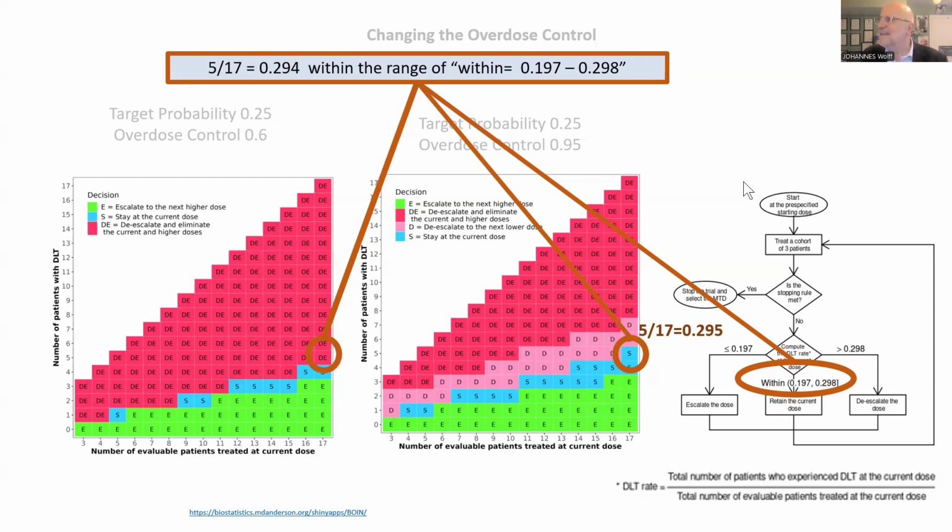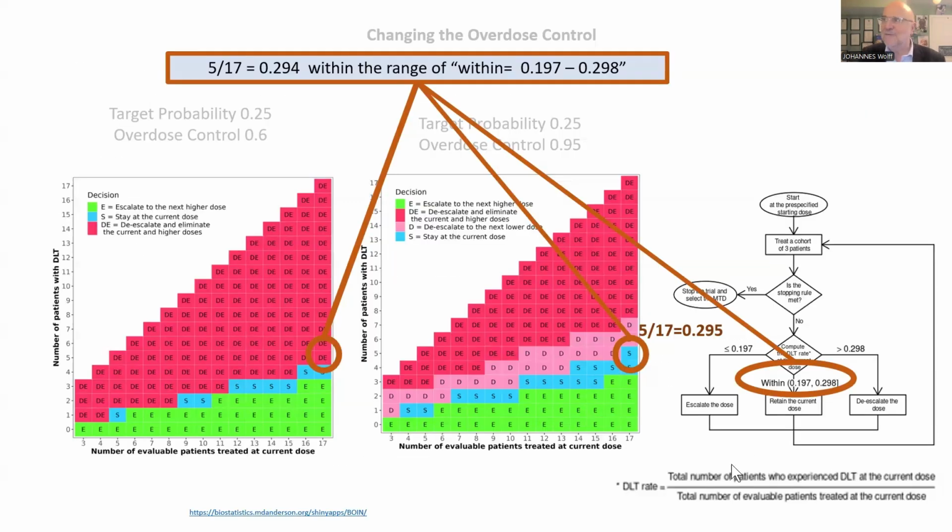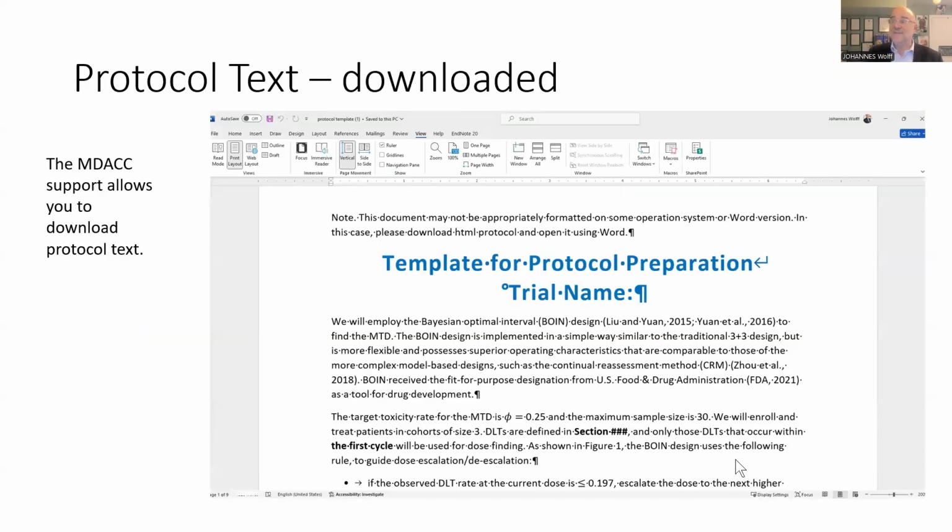But you get the same flow diagram when you enter those numbers. And here, 5 patients would have called for de-escalation. I think there's a little glitch, and that just says, be careful, even with software that comes from MD Anderson. Now, the same software, isn't that amazing?